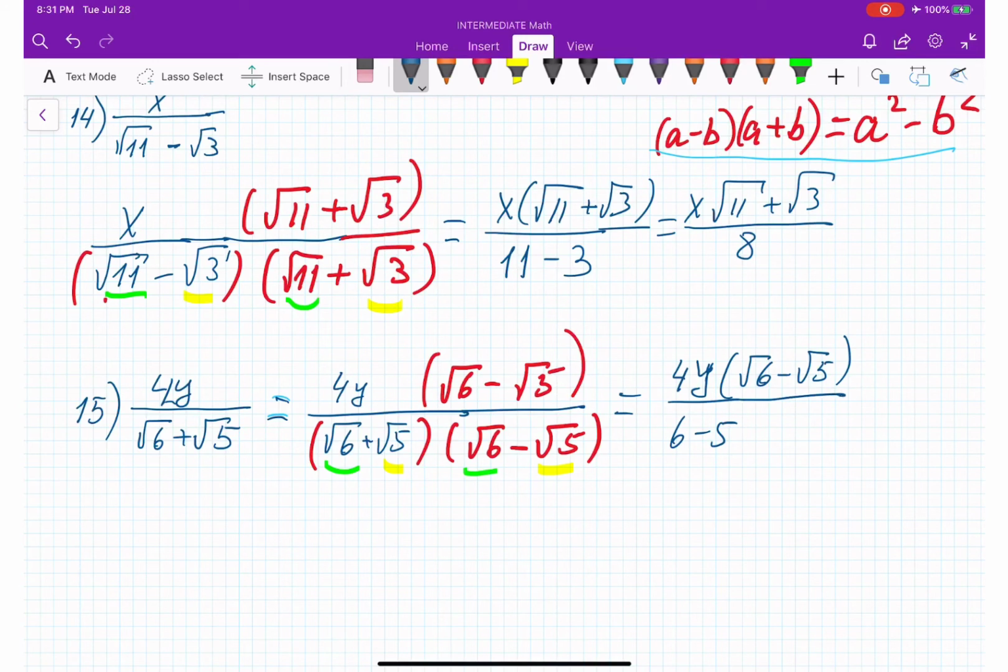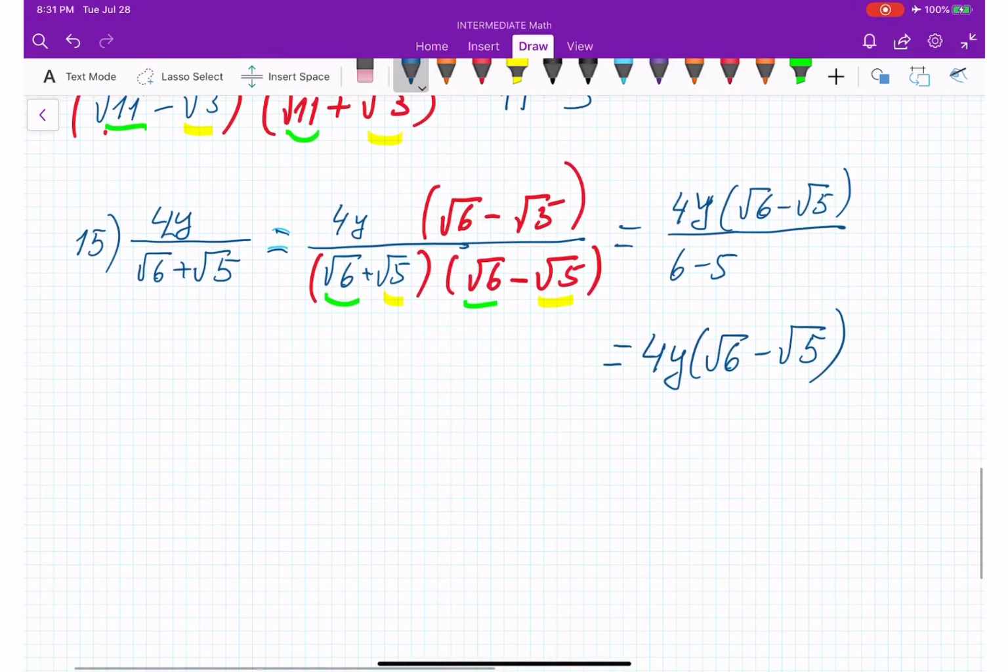And because 6 minus 5 is 1, this is going to be equal only 4y square root 6 minus square root 5. Next one. Square root y over square root 3 plus square root 2y.